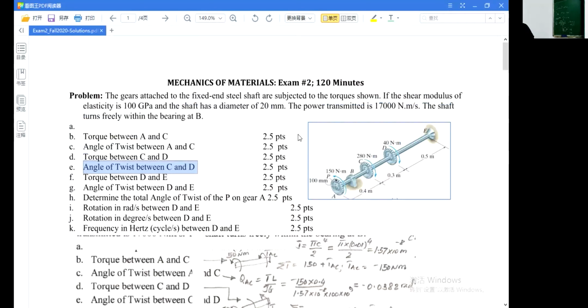It means if you can solve every question, you understand torsion chapter. The exercise, send it to you. You can copy it from the PPT.